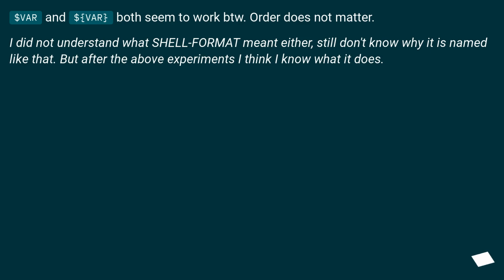Order does not matter. I did not understand what shell format meant either, and still don't know why it is named like that. But after the above experiments I think I know what it does.